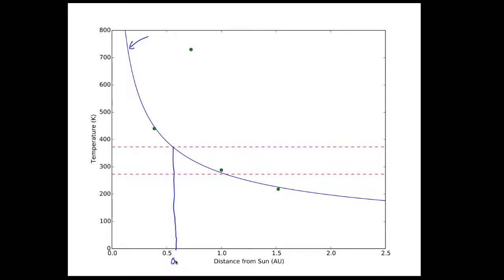So it's about 0.6 AU out, which is where our equilibrium temperature would go below 100 centigrade, so water would cease boiling, and down here, about 1.1 AU. So this is the habitable zone. Too hot and too cold.